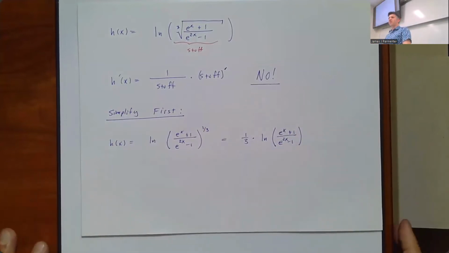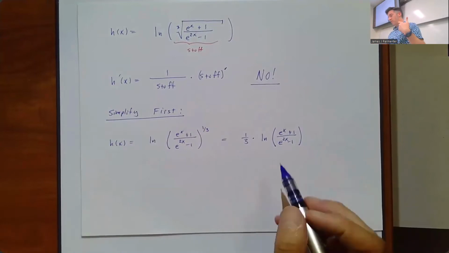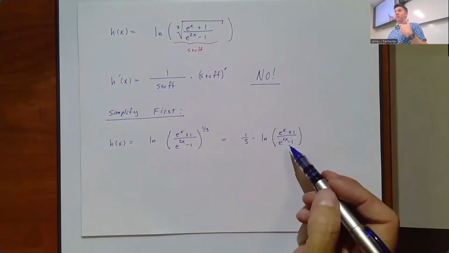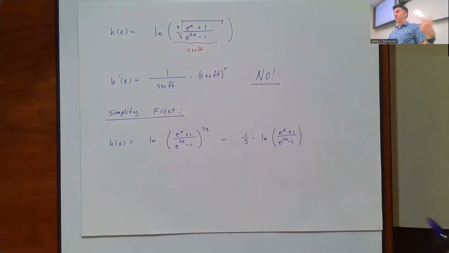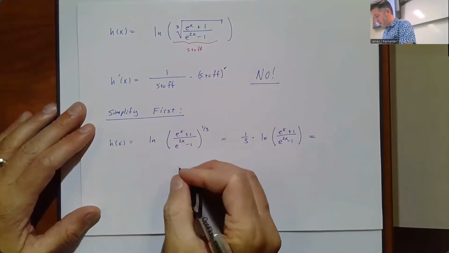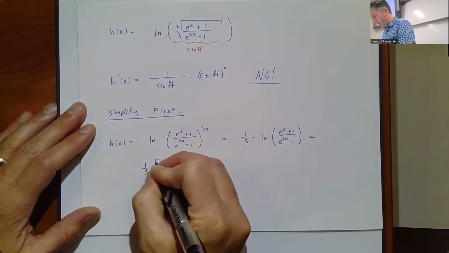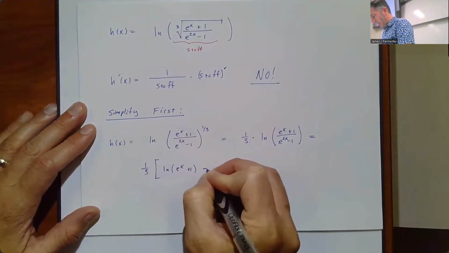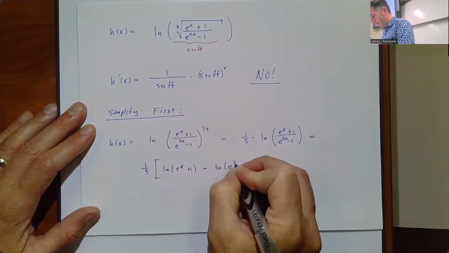And I really don't want to use the quotient rule either, right? If I did the derivative from this point, I would be doing 1 over all this times the derivative of all that and having to use the quotient rule. But I never need to use the quotient rule if it's a quotient inside a logarithm, because I can rewrite this as 1/3 times the natural log of the top stuff minus the natural log of the bottom stuff.